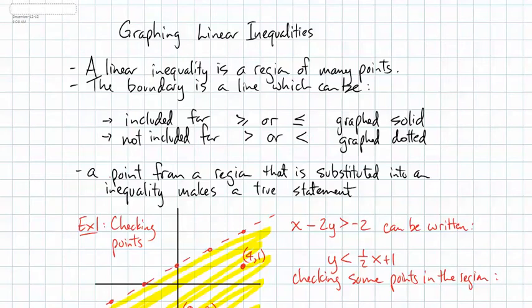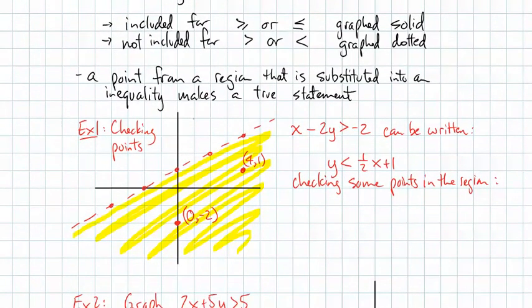A point from a region that gets substituted into an inequality will make a true statement. Let me show you what that looks like. Here's a graph of an inequality comprised of a dotted line boundary, dotted because there's no equality here, and the shaded region is underneath. Now I've chosen a few points, (4, 1) and (0, -2).